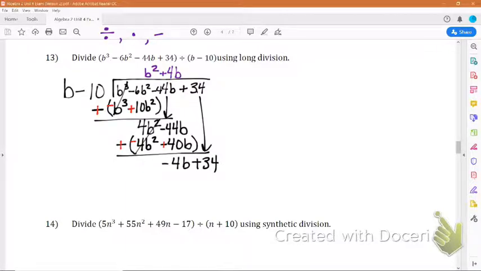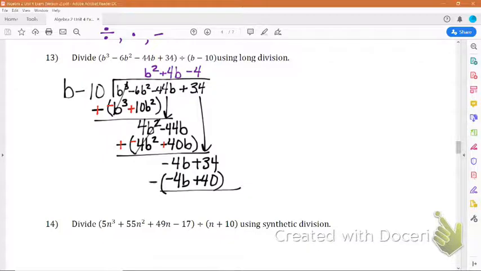First term divided by first term, negative 4b divided by b is negative 4. I'm going to take that negative 4 and multiply. Negative 4 times b is negative 4b, and negative 4 times negative 10 is positive 40.